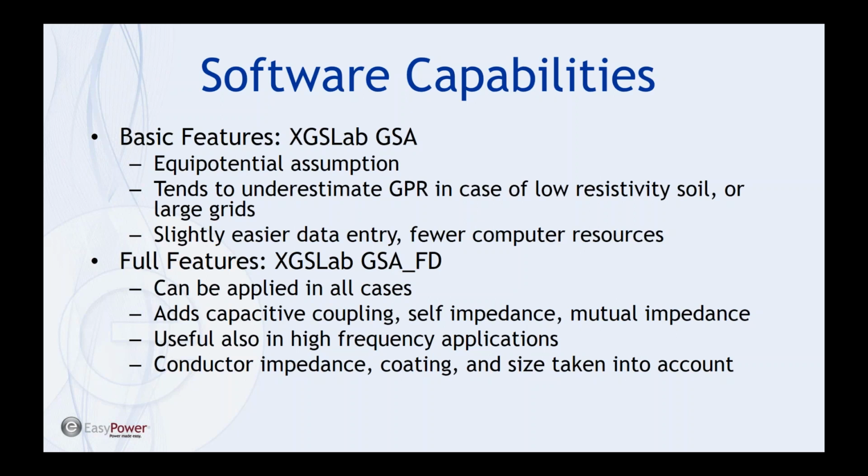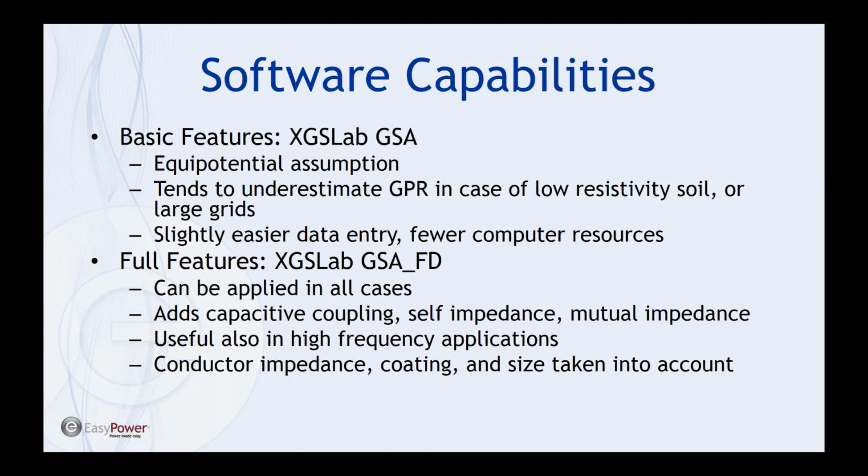All of these modules have what's called the equipotential assumption that we've talked about before, where there's no conductor impedance, which means the ground potential rise of all of the conductors on the grid is exactly the same, and they all leak the same amount because there's no impedance in between them. This sort of assumption tends to underestimate the GPR in the case of low resistivity soil or large grids, and so that's what causes it to have limited capability.